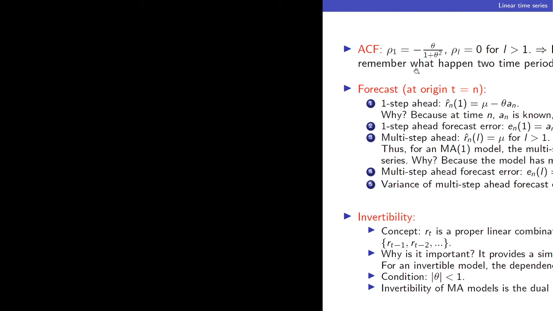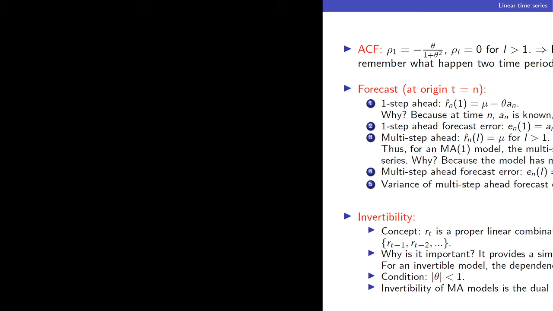Now, autocorrelation functions, rho sub 1 is defined this way, and of course, if we have already said that higher covariances are zero, the corresponding autocorrelation functions should be zero as well. And so this model has finite memory. MA1 models don't remember what happened 2 time periods ago. Of course, MA(n) models don't remember what happened n+1 time periods ago. Now, we can forecast one step ahead.